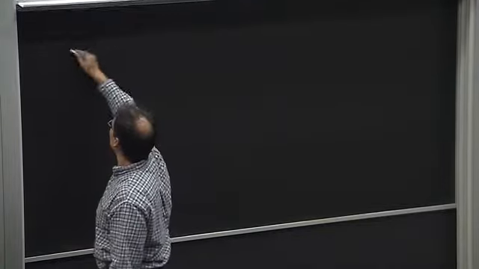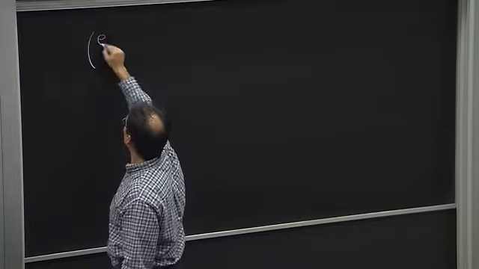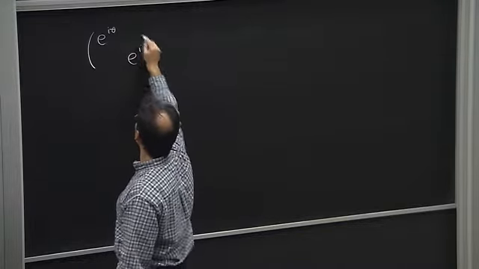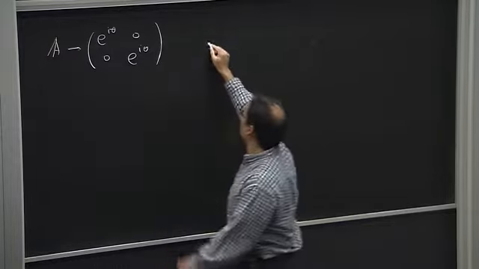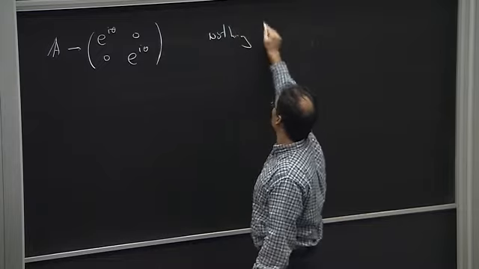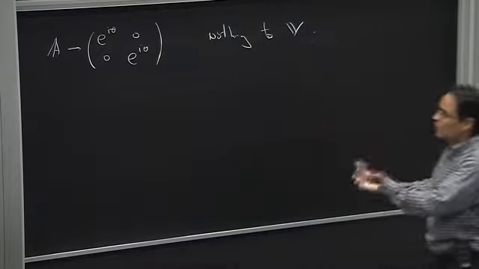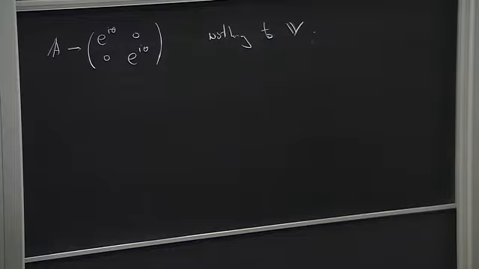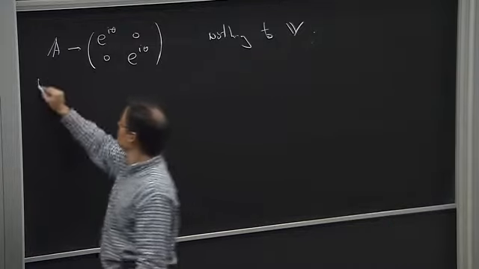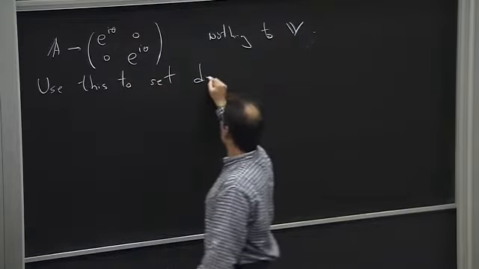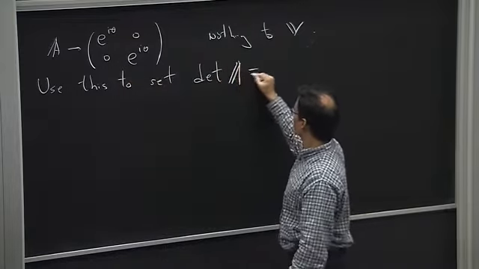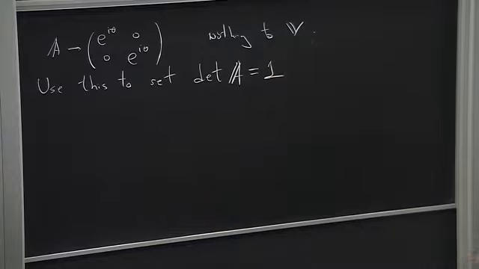So changing A by a matrix that looks like e to the i theta times A does nothing to V. So it's completely irrelevant to the information that we're looking for as the group that acts on V and preserves the norm. So we can use this to set the determinant of A to be always 1, okay?